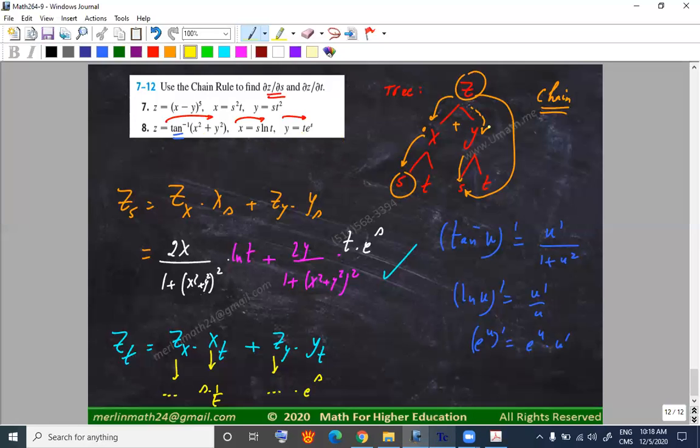It's about the chain, the chain rule, and the tree. Be careful. Unless you are an A+ student or a professor, you will do it right away. I can see it. For z_s, I don't see s in z.